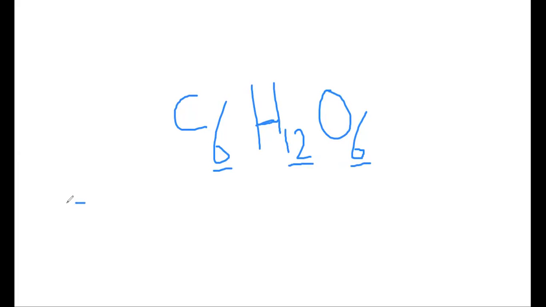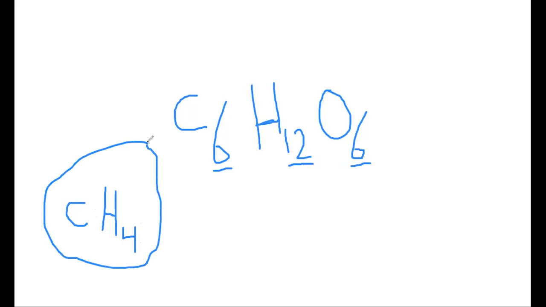Another compound. For example, this is a natural gas, methane. Do you know what a natural gas is? It's a fossil fuel. Natural gas, its chemical formula is CH4. It is made from carbon and hydrogen. How many carbon atoms do we have? 1.